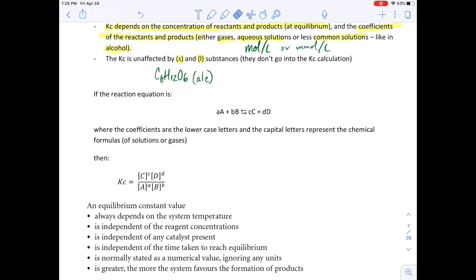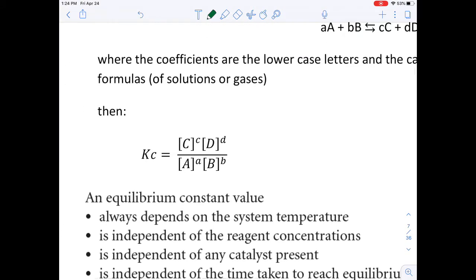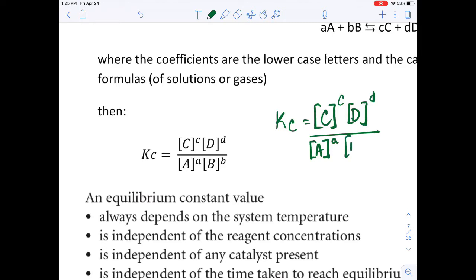If that's our equilibrium system and those were all gases or aqueous or something with mole per liter, the Kc is calculated like this, where I calculate the concentration in mole per liter of a product raised to its coefficient times the molar concentration of another product raised to its coefficient, divided by the concentration of a reactant to its coefficient times the concentration of the other reactant raised to its coefficient.